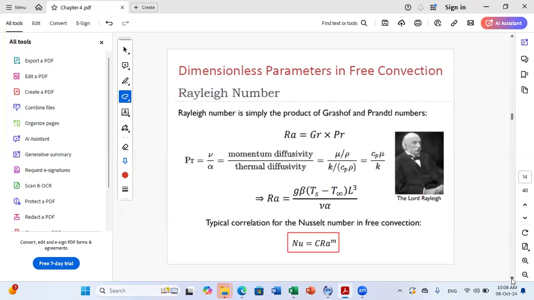Now, as we said, Grashof is very important, but also the properties of the fluid will affect its behavior. That's why we define a dimensionless number combining the Grashof number, which is related to buoyancy effect, and the Prandtl number, which is related to properties of the fluid. The Prandtl number, by definition, is the ratio of momentum diffusivity, nu, over thermal diffusivity, alpha.